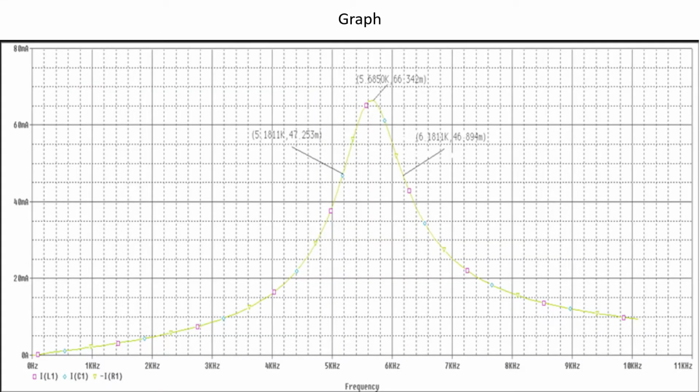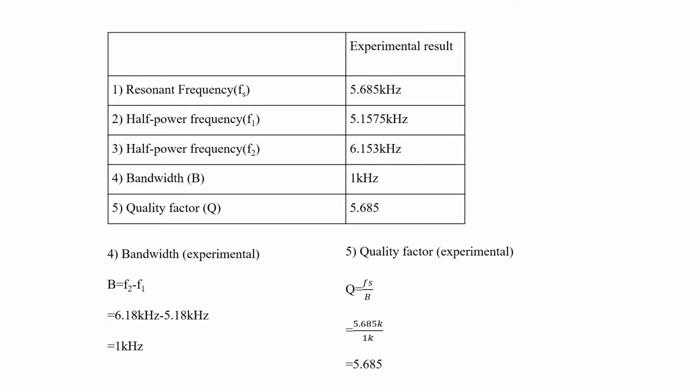Next, press on trace plot and plot the lower frequency F1 equal 5.1811k Hz, and then resonant frequency Fs equal 5.685k Hz, and then upper frequency F2 equal 6.1811k Hz.